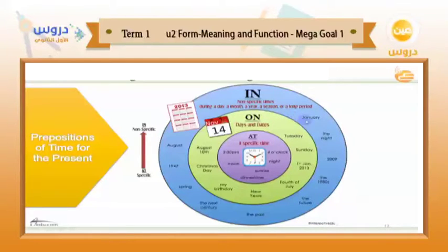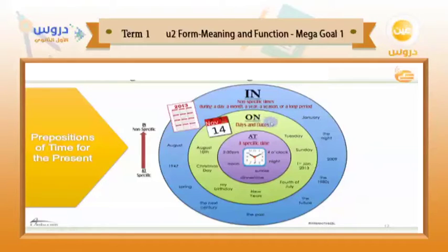For example, here we go with the months: January the 9th, 2009, in 1890s, in 1980s, the future. All these things we can use with in. Not specific times, during the day, month, year, a season, or even a long period.